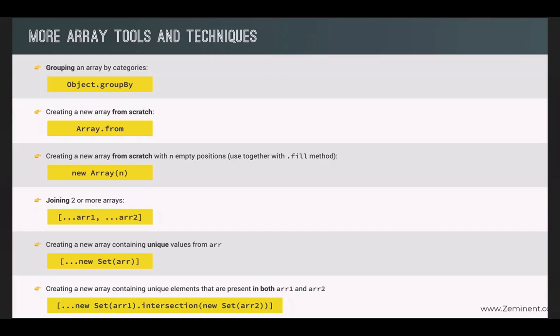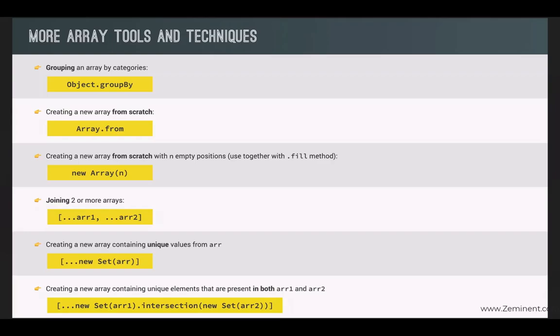And now in the earlier section we learned that besides the concat method, we can also use the spread operator like this in order to join two or more arrays into a brand new one. Now if we wanted to get all the unique values of an array, we can just place them in a new Set just like this, and then again spread the result into a brand new array. And now finally here comes the most complex technique of all.